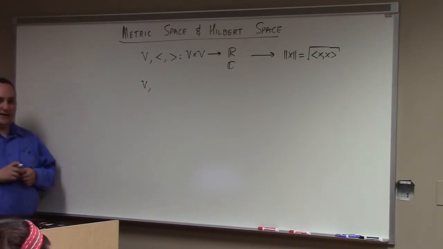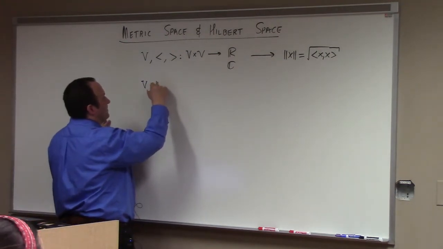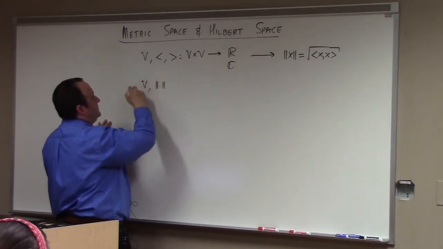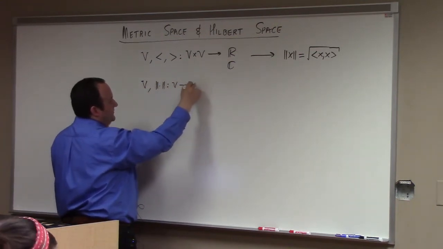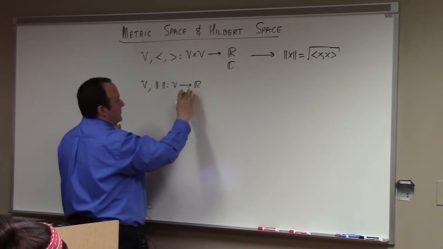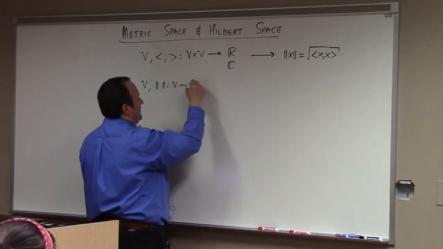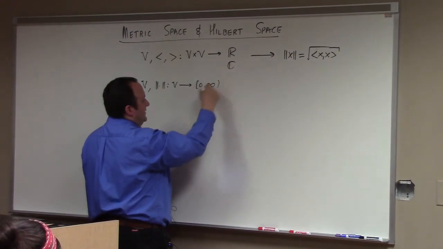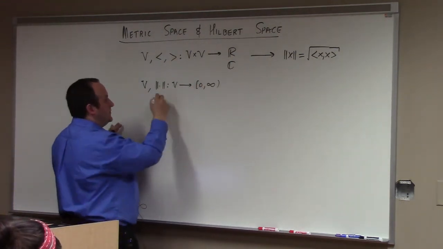Well, you could be more abstract. You could say, I'm going to take a vector space and pair it with a norm. The norm would be a mapping from the vector space to the reals. Actually, you could be a little more precise: it's really a mapping from the vector space to [0, infinity). And this norm satisfies 4 axioms. What are the 4 axioms that the norm satisfies?